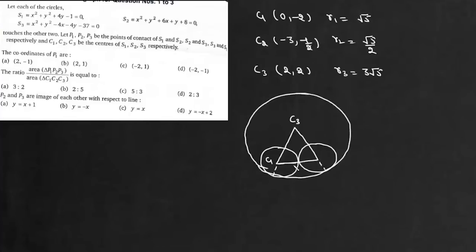Now S1, S2 touch at P1. So this point is P1, S2, S3 at P2, and this point is P3. So we have these two triangles, C1, C2, C3 and P1, P2, P3.